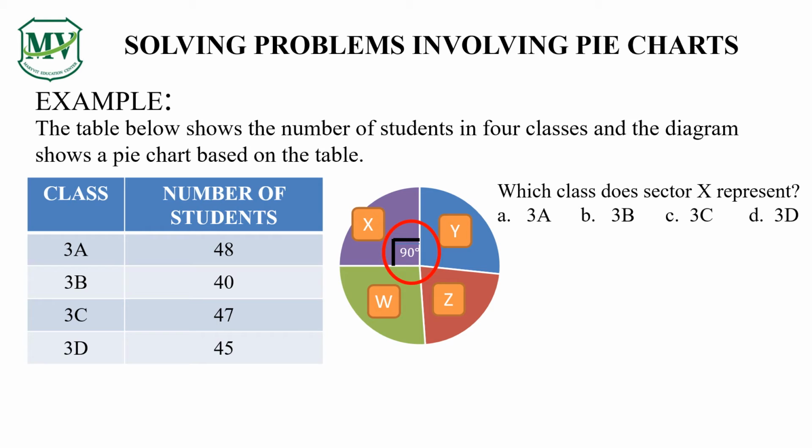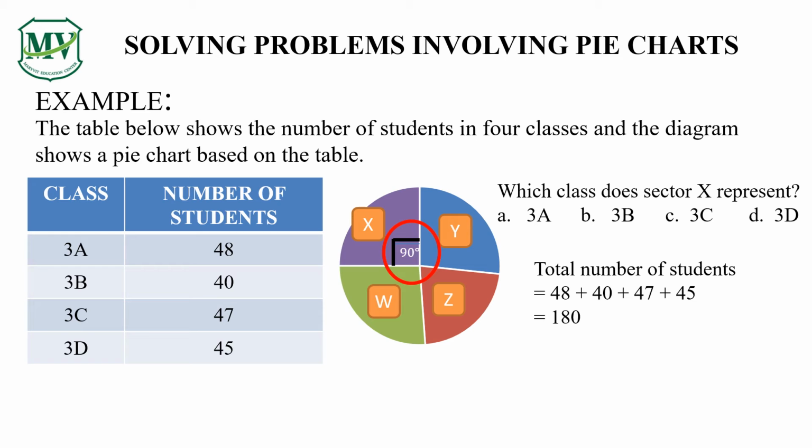Since X has an angle sector of 90 degrees, we must find also the angle sectors of each class. Whichever class has the same angle sector as X, that means that is the class represented by X. But before we calculate the angle sectors of each class, let us find first the total number of students using the given data.